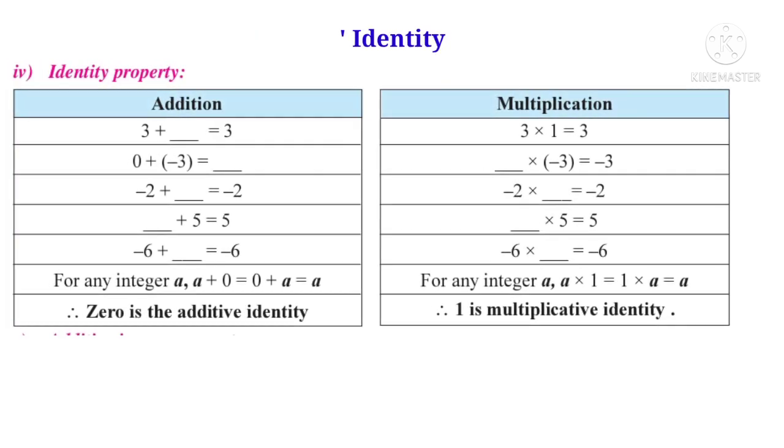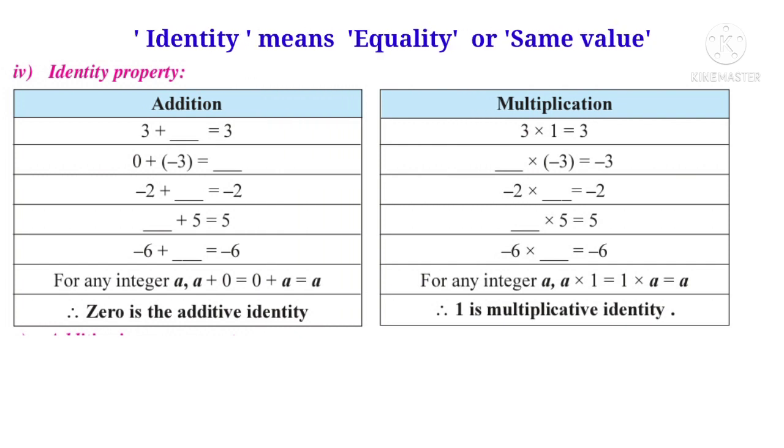Number 4, identity property. Identity means equality or same value. Let us take the operation addition. In addition, if any number is added to 0, or 0 added to any number, we get the same number. No change in the value. So it remains same. For example, 3 plus 0 equal to 3. 0 plus minus 3 equal to minus 3.